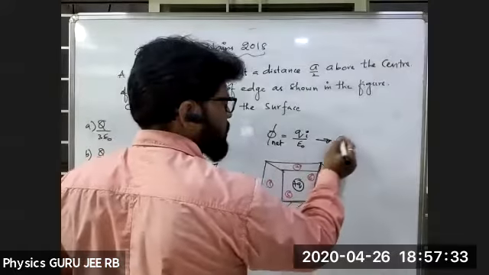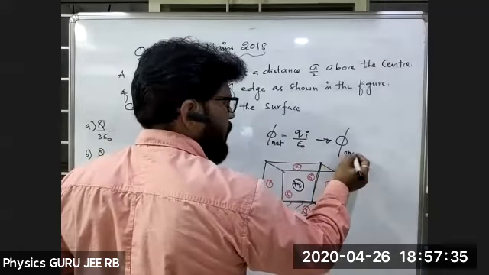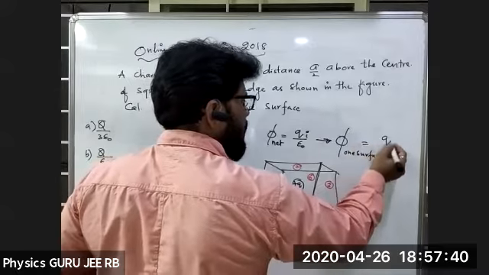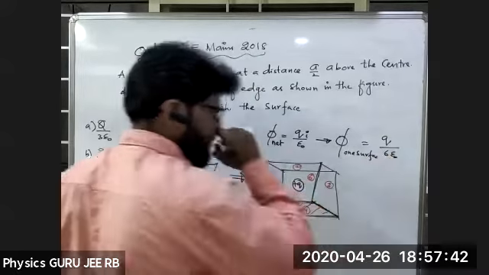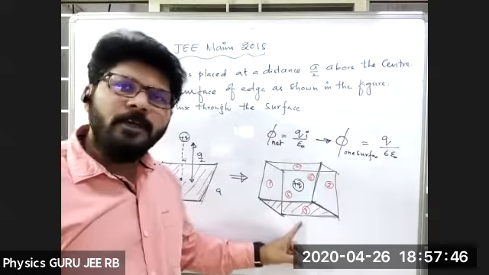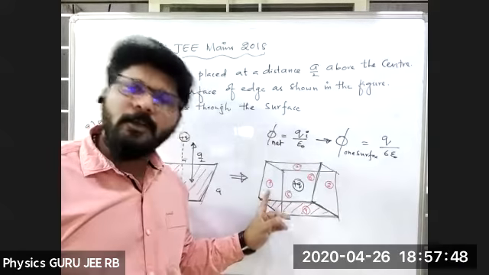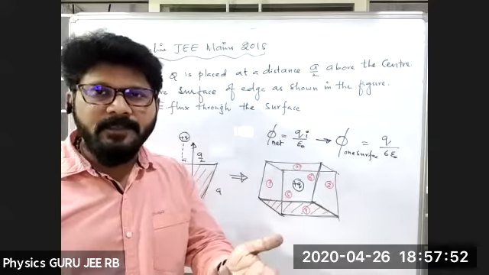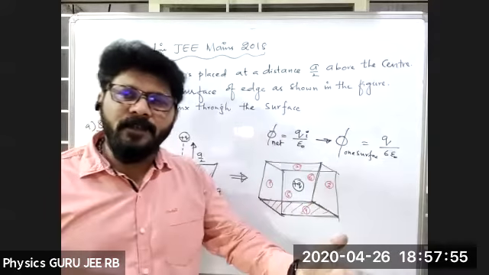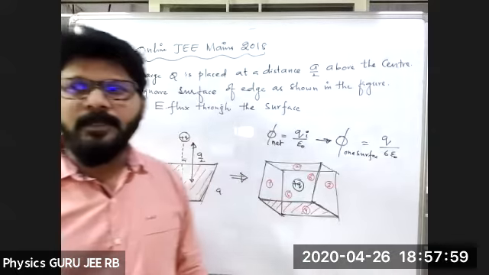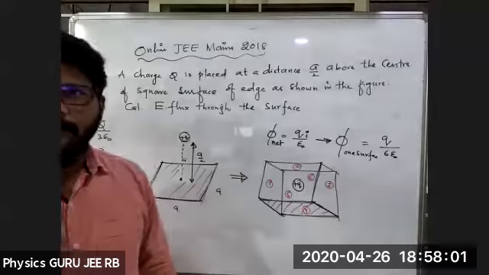For one surface, the flux is Q by 6 epsilon naught. If I want 2 surfaces, it is Q by 6 epsilon naught plus Q by 6 epsilon naught. If you have 3 surfaces, just go on. The total over all surfaces is Q by epsilon naught. Hope that you got it now, right?